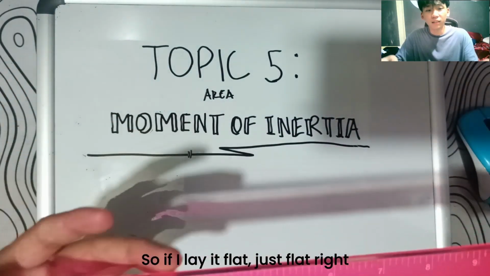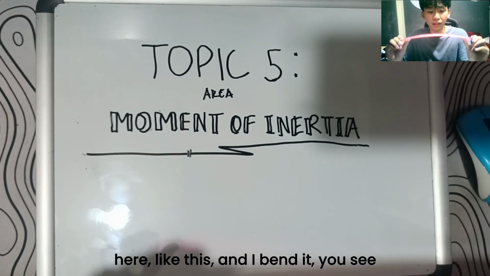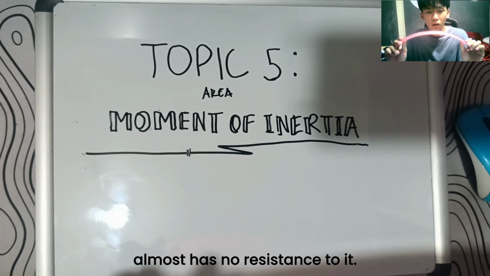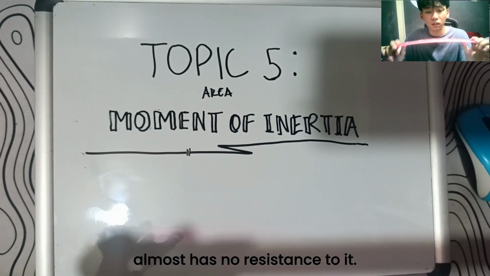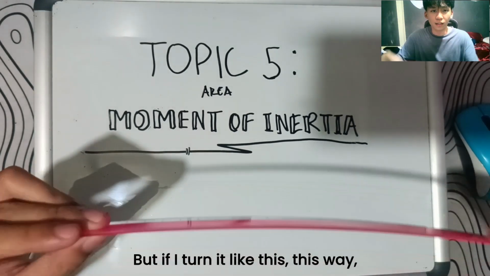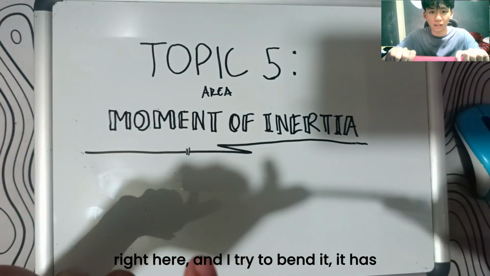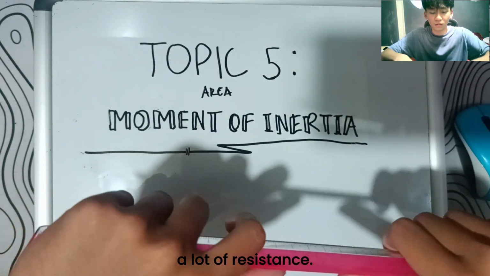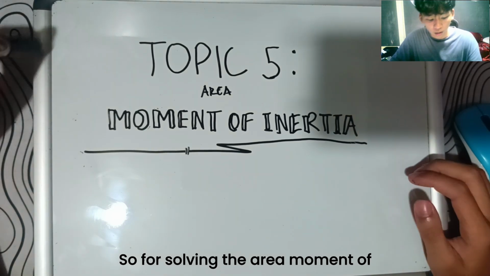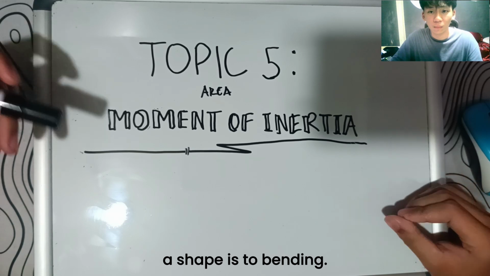If I lay it flat like this and I bend it, you see how it has almost no resistance, so it's bendable, right? It's prone to bending. But if I turn it this way and I try to bend it, it has a lot of resistance. So the area moment of inertia tells us how resistant a shape is to bending.